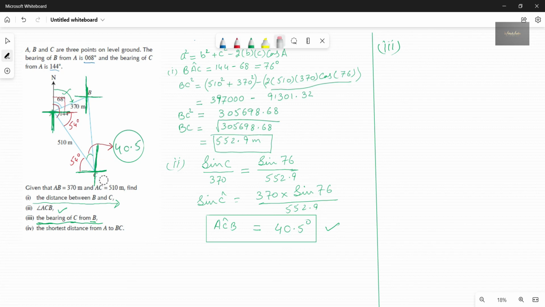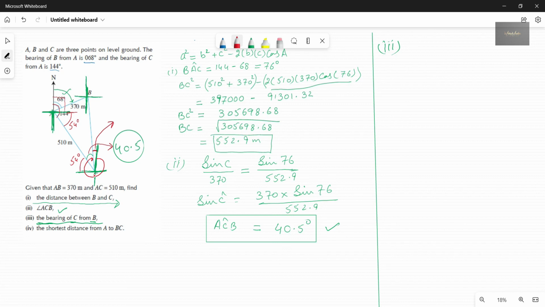I'm erasing the circle. How did I calculate that? It is 0, 90, 180, 270 plus 54 plus 40.5. Okay, actually I needed this answer. I think you got my point why I'm finding this angle. So 364.5 is the total sum of this point's angles.